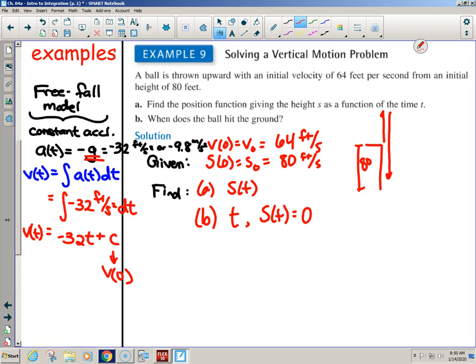So technically, physics people, if they ever memorized a free fall model of acceleration, velocity, and position, would have memorized gravity times t plus your initial velocity, which could be v of 0 or v sub 0, different ways of writing it. If we're doing physics, it'd be more like a subscript. And so it'd be a of t plus v sub 0, or a sub naught of t plus v of 0.